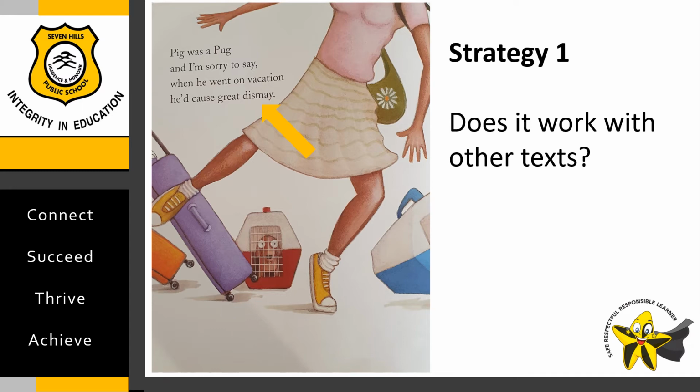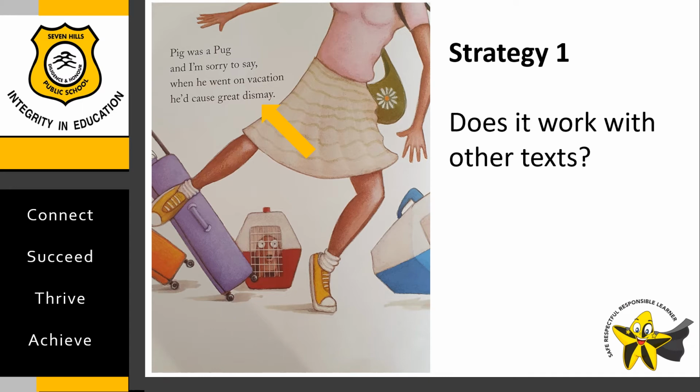So I think the word dismay is something around causing some concern or to feel a bit uneasy about a situation. So let's read that and see if it makes sense if I take out the word dismay and put in the word concern.